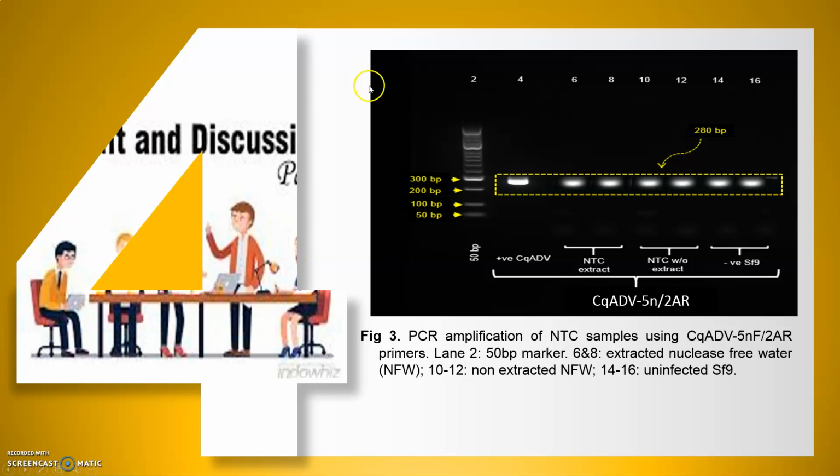Now, this figure illustrates the PCR amplification of non-template control samples using this primer set. Again, it can be clearly seen that all samples show positive for CqADV, which is 280 base pairs.